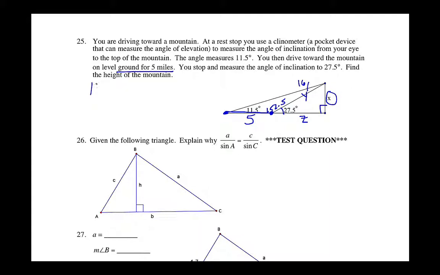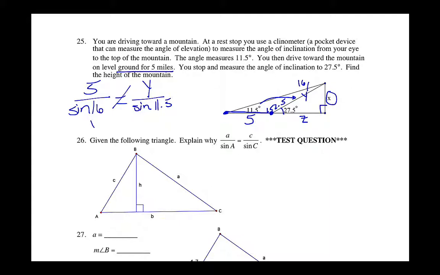So we would say 5, the segment, over the sine of that 16-degree angle should equal that side y that I'm looking for, which is across from the 11.5 degrees, so the sine of 11.5. So I'm going to use a law of sines to find that side y from where I stopped to the top of the mountain.